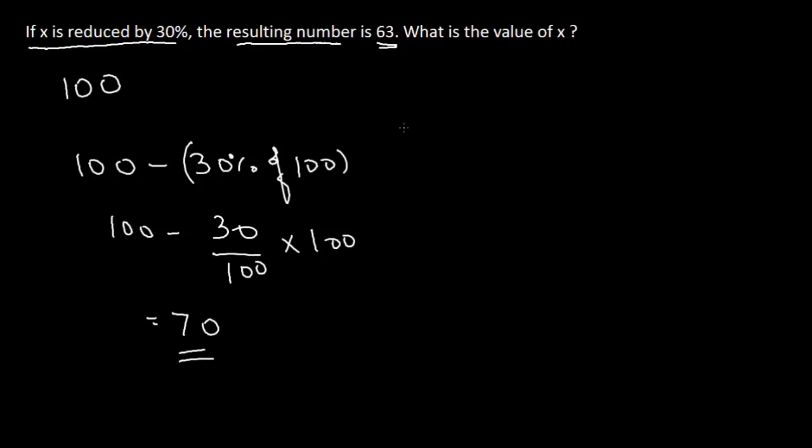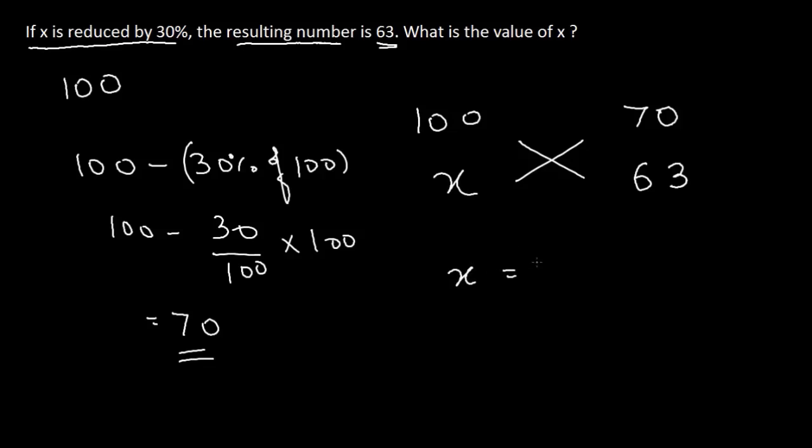Therefore, when we assume the number to be equal to 100, our answer is equal to 70. But ideally, the resulting number is 63. So what is the original value of x? Now this is simple cross multiplication, and the value of x is equal to 100 into 63 by 70.